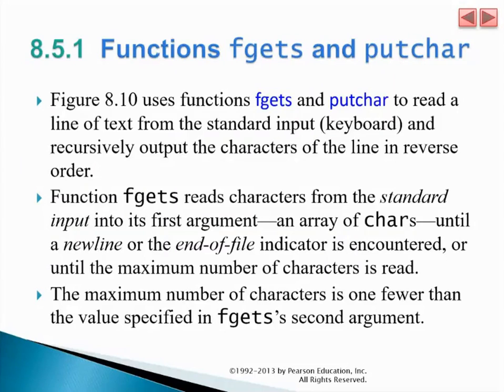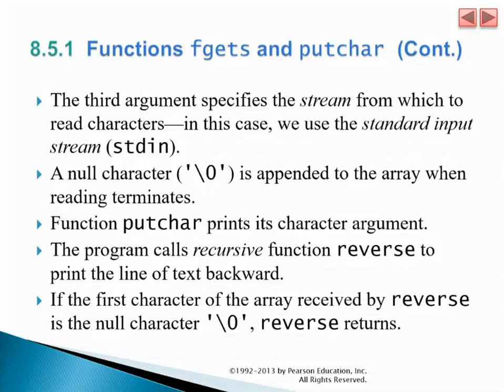So now let's talk about fgets and putchar. fgets reads characters from standard input into the first argument, an array of characters, until a newline or end-of-file indicator is encountered. The maximum number of characters should be one less than the specified n value, which is the second argument of fgets.